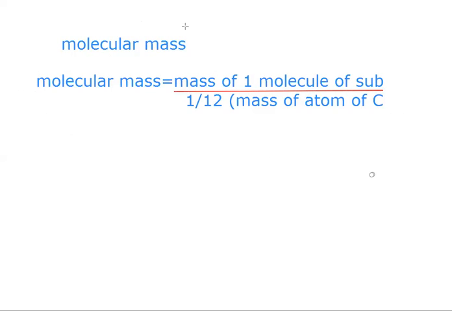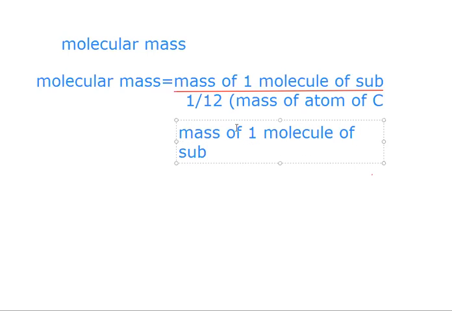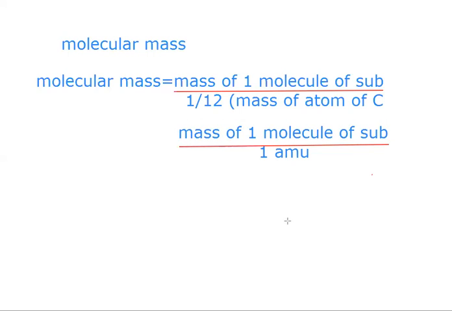Since this 1/12 mass can be replaced by the term 1 AMU, the formula can be written as the mass of one molecule of substance divided by 1 AMU, the same as for atomic mass.